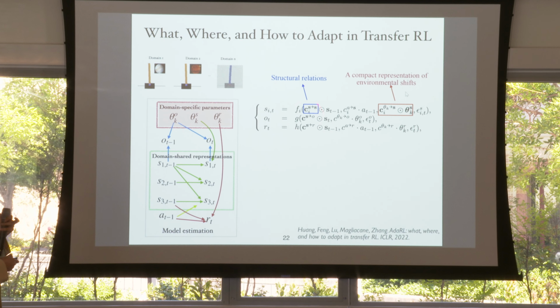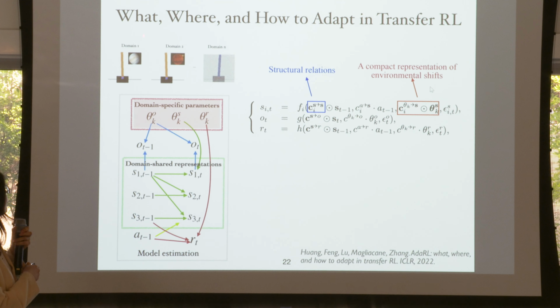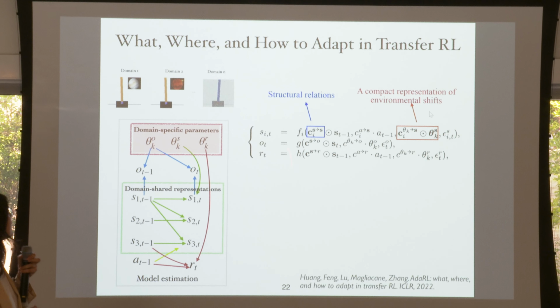So basically, with causal understanding, we can achieve what, where, and how to adapt in transfer reinforcement learning.